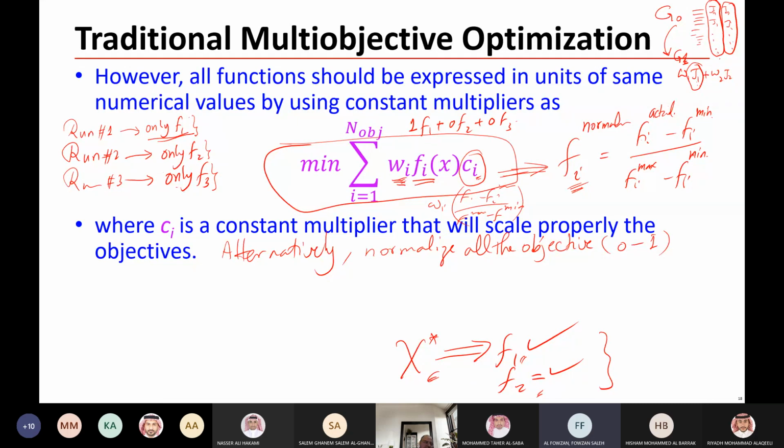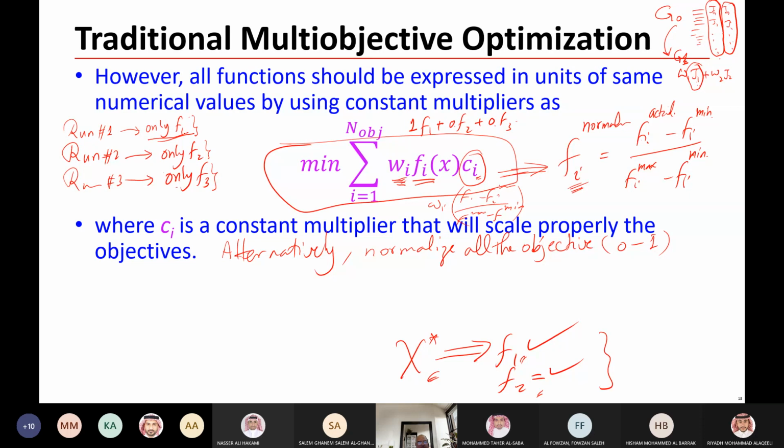Does this mean that we ignore the rest by enforcing them to be 0? Not enforcing the values. You set W equal to 0.